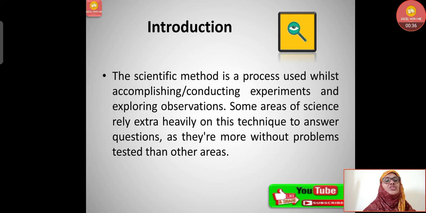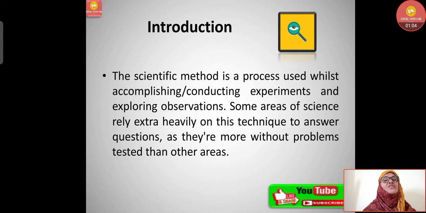Let's start with the introduction. The scientific method is a process used while conducting experiments and exploring observations. Conducting experiments and observations is very necessary to move forward in the modern technical world, because of which researchers are here with modern technology.